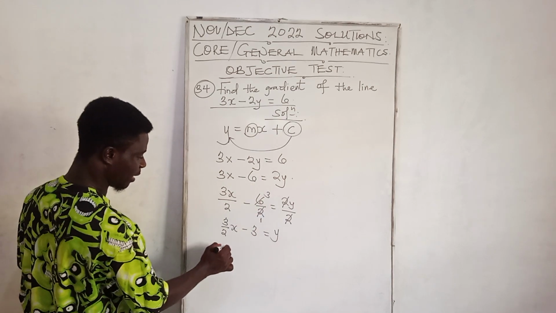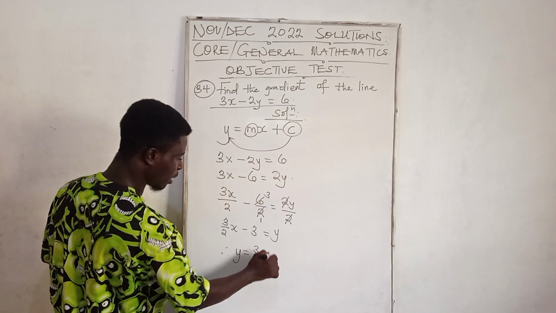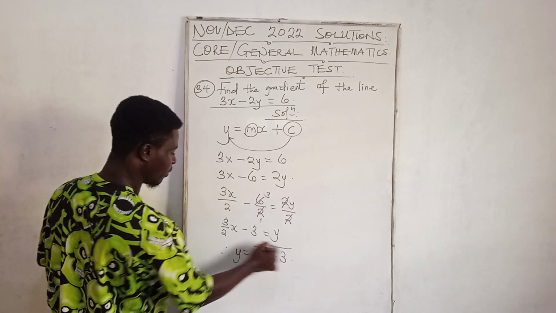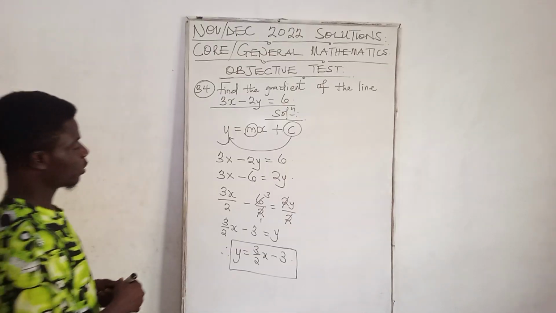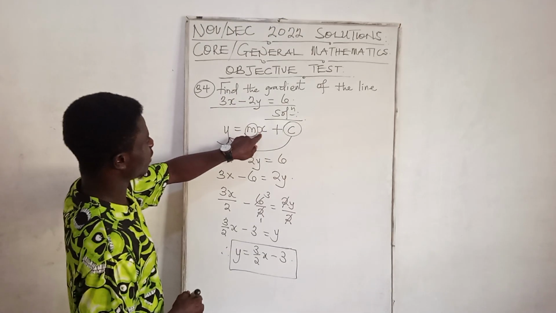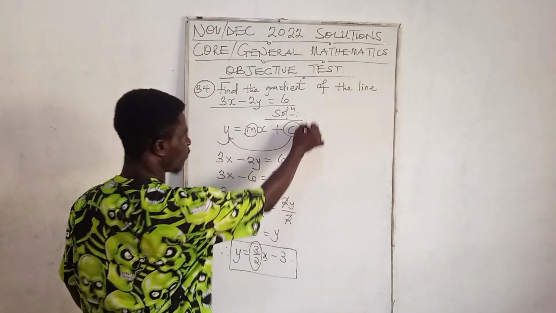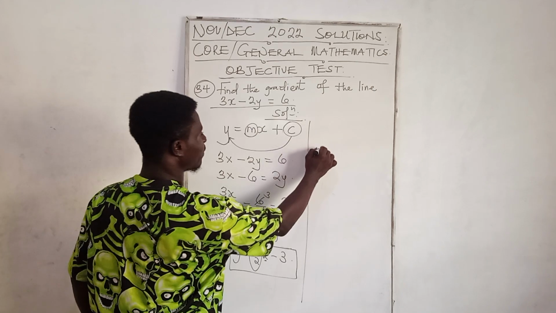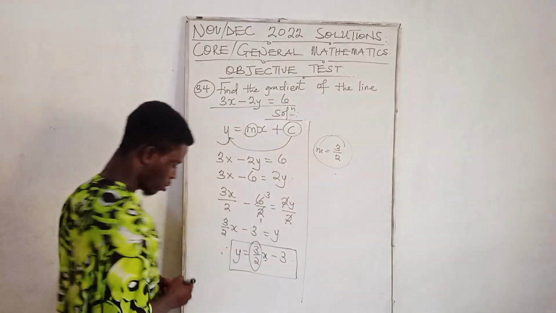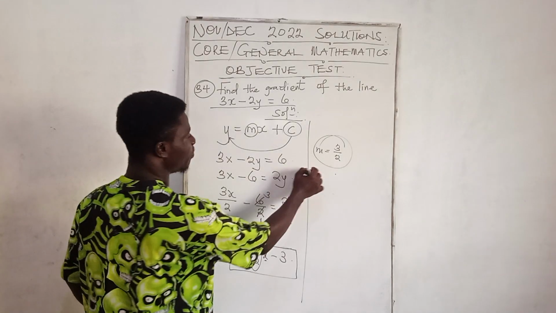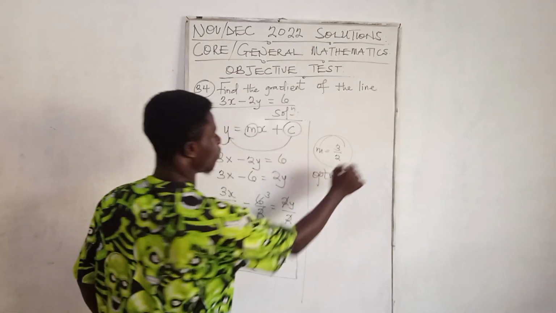So I can finally see that y equals 3 over 2x minus 3. So now, the coefficient of x, that's the gradient. So the coefficient of x is what? 3 out of 2. So I can say that the gradient is 3 out of 2, which is option B for boy. Option B for boy.